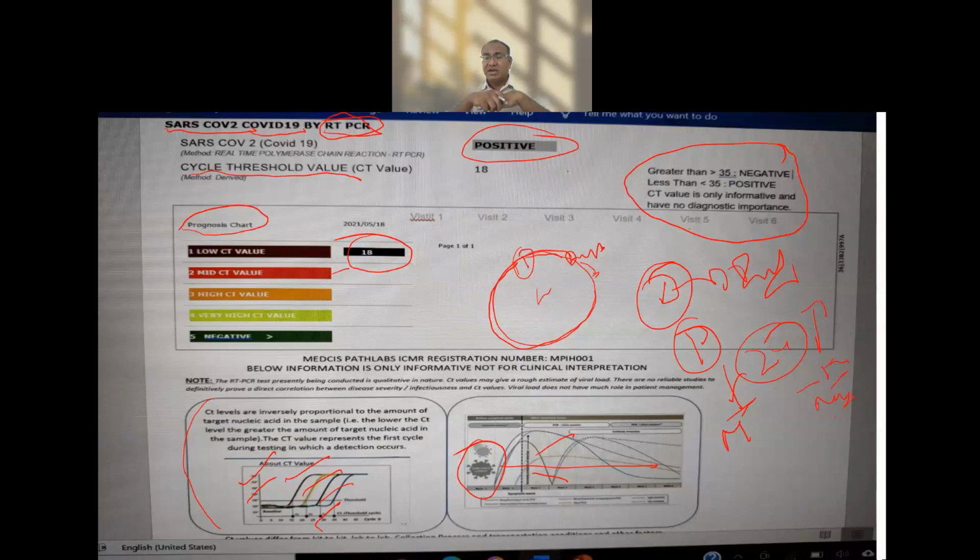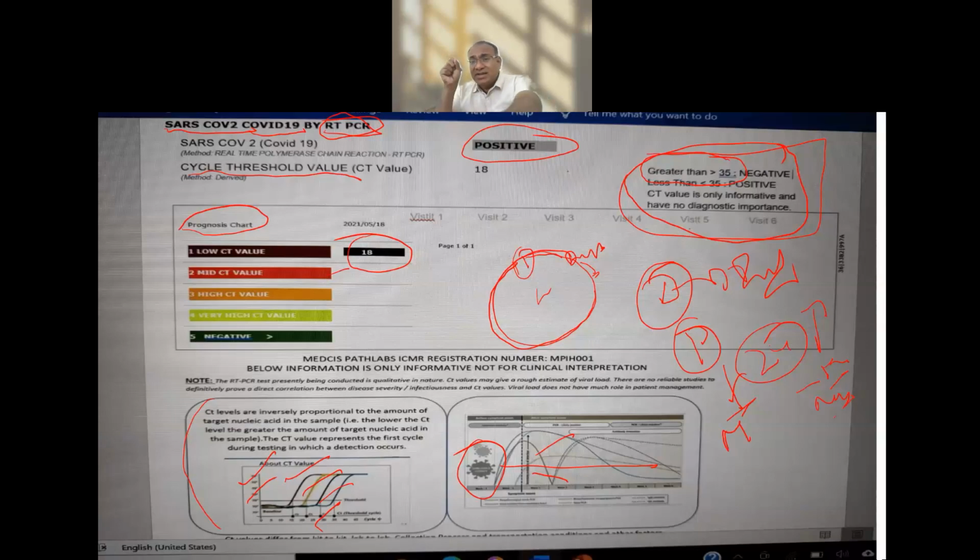It means that depending upon the reagents I am using, the value is going to change. Especially when I see this report here, they have given one, that is greater than 35. They have a value, depending upon the reagent kit they have used, of 35.